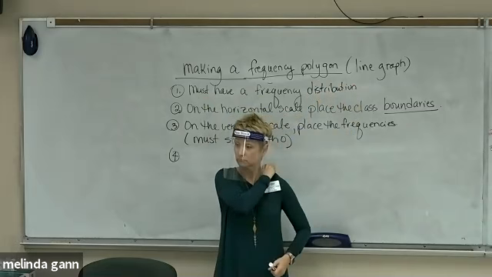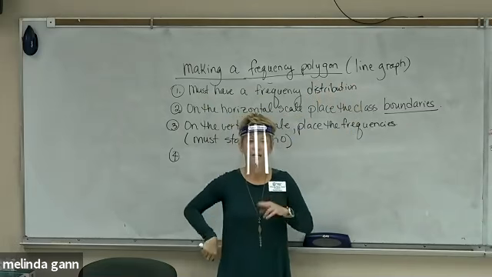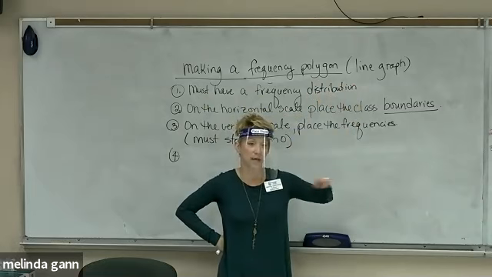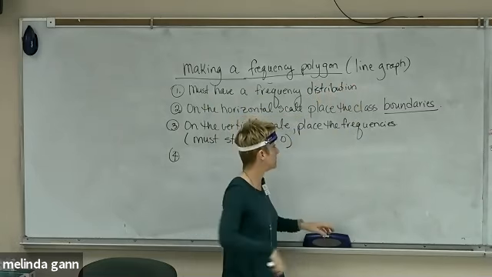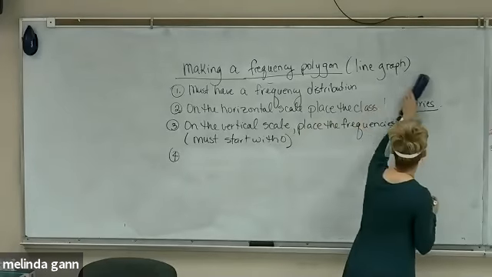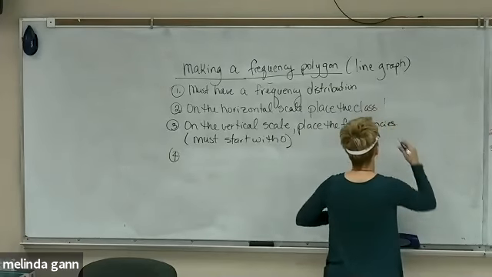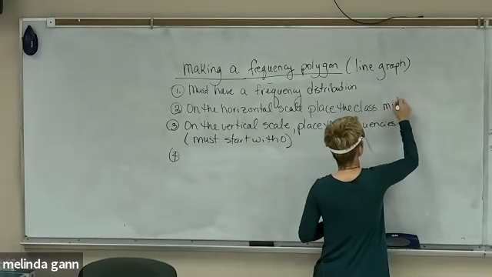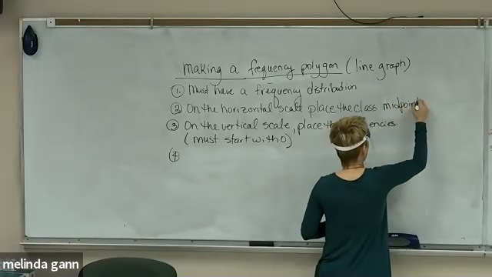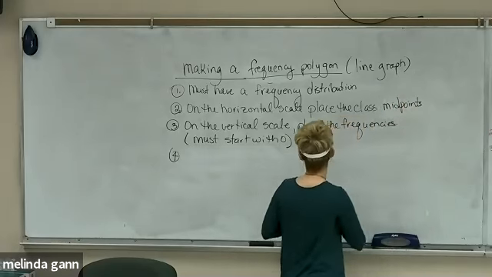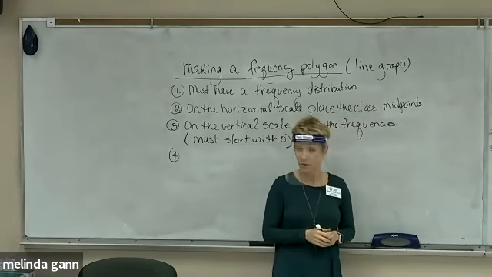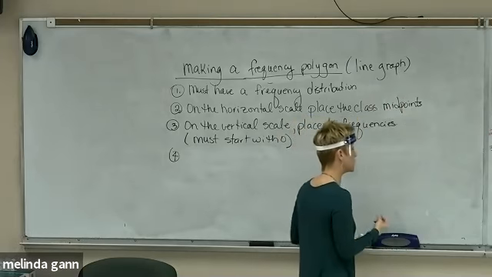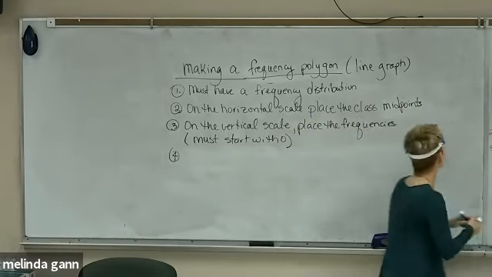You're smart. Now, on the histogram, what did you put on that horizontal scale? Remind me. Boundaries. Not this time. This time I want you to put the midpoints. Now, technically, you can use midpoints on a histogram, but I think it makes them hard to read. And you have to use them on this, so it's a way to distinguish between the two.